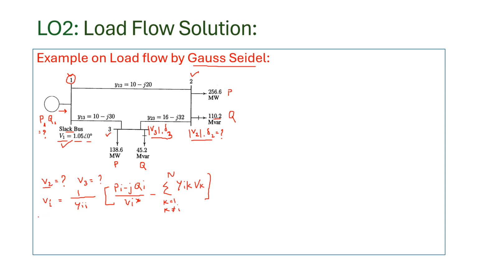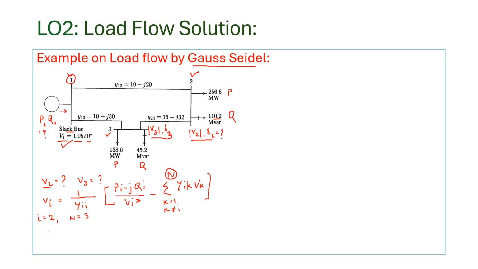So in this equation, I will substitute i equal to 2, because I want the voltage at the second bus. Second, n is the number of buses in the system, and in the present system n is equal to 3.